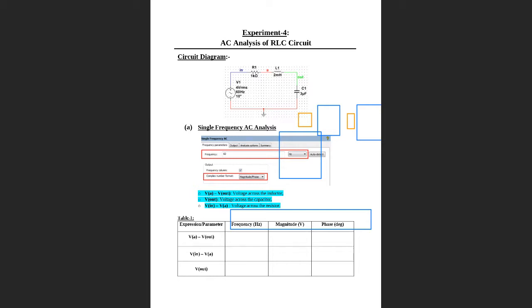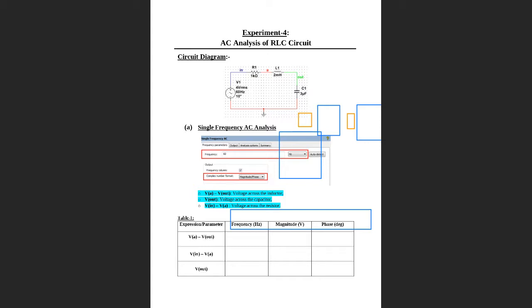Understand? For this we have to change the parameters as per the lab manual. What are the parameters? It is shown here that the frequency should be 60 hertz.